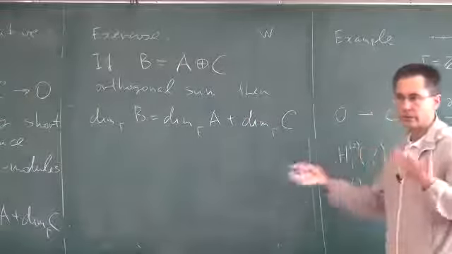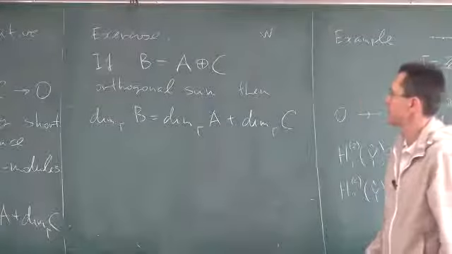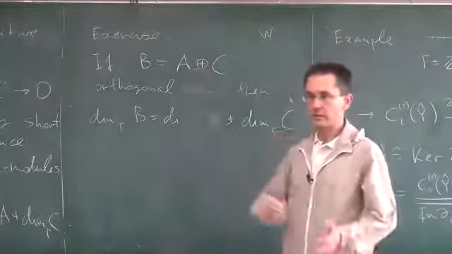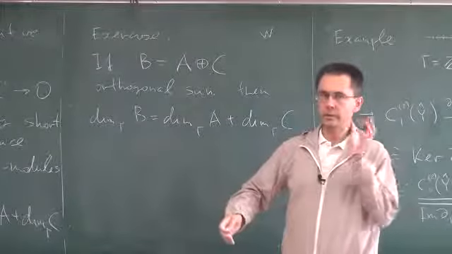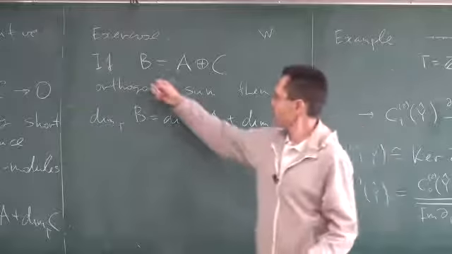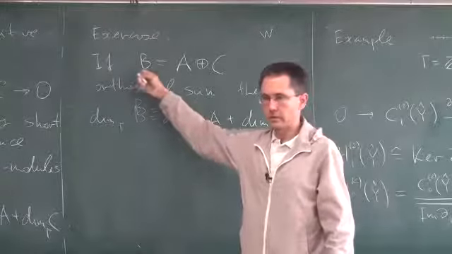And you can relate the two. Pretty much what you will use is the theorem of Pythagoras: the projection to A squared plus the projection to C squared is the same as the projection to B squared.